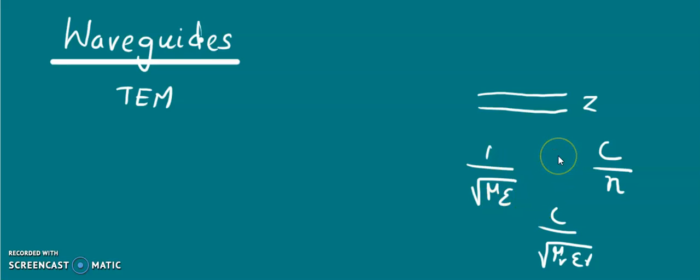So this velocity is same for a TEM wave in a lossless or a low loss transmission line, as well as the unguided transverse electromagnetic wave propagating through an unbounded dielectric medium. Unbounded means a medium without any boundaries.